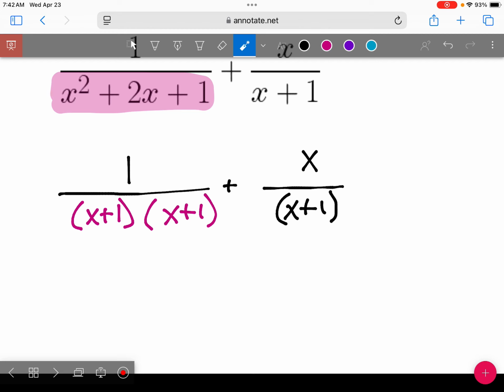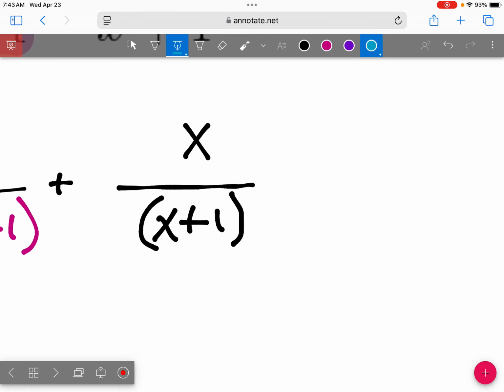This one only has 1. So I've got to multiply this guy by what it's missing. So put it in factored form so we can make sure we have all the pieces here. So I need to multiply this guy by another copy of x plus 1. But I can't just multiply randomly by x plus 1. I have to multiply by a weird looking 1.